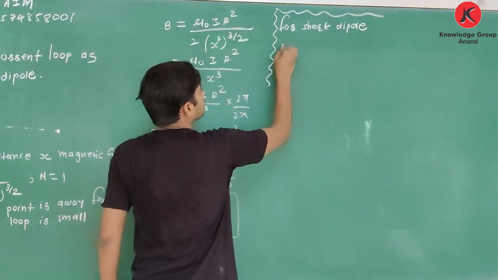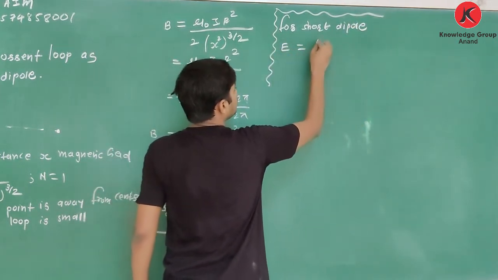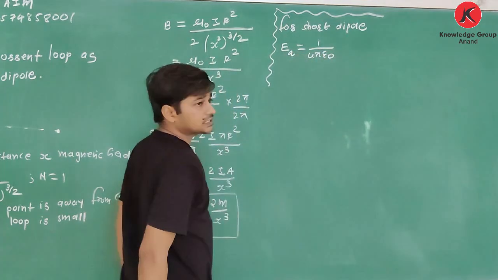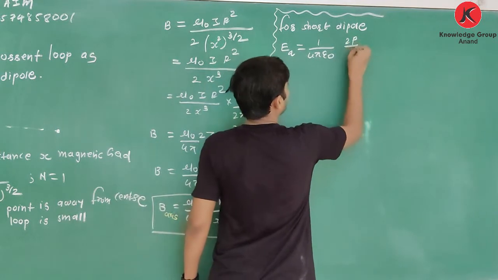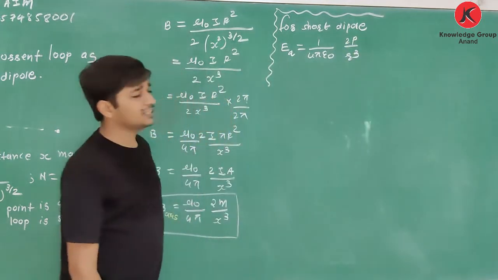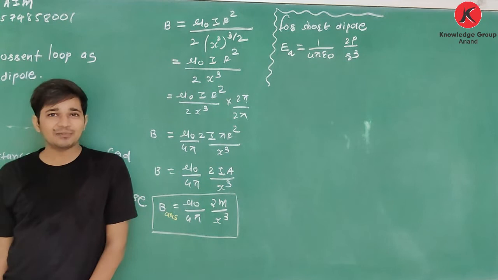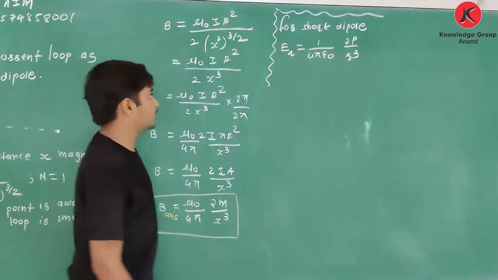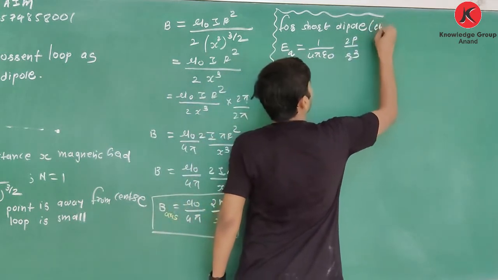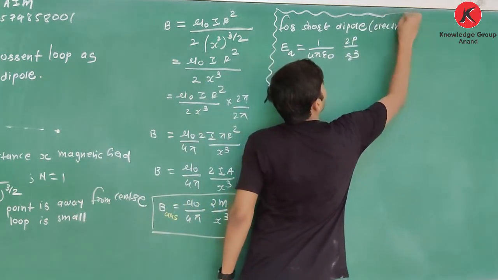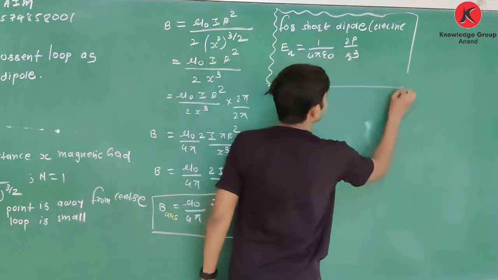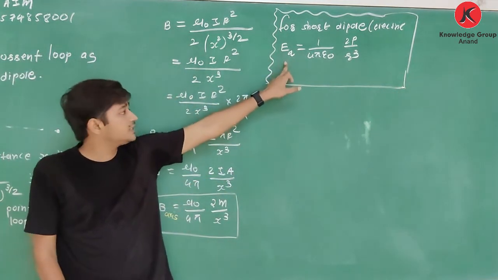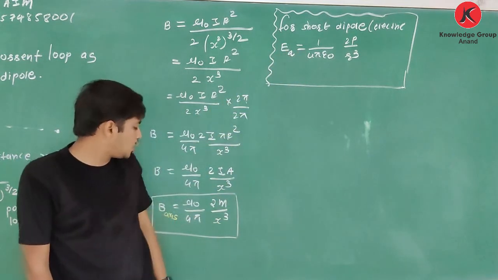If you remember the equation of electric field, E is equal to 1 upon 4 pi epsilon 0, 2p upon r cube. Yes or no? It is the equation for a short electric dipole, on axis.